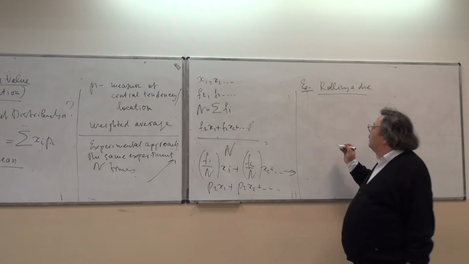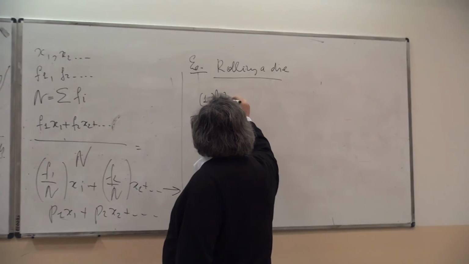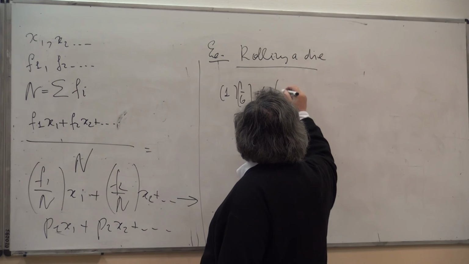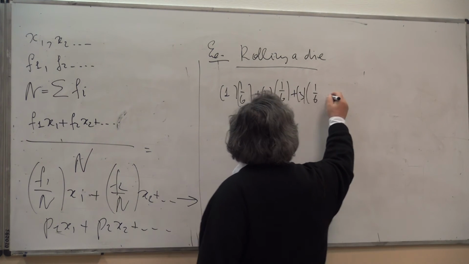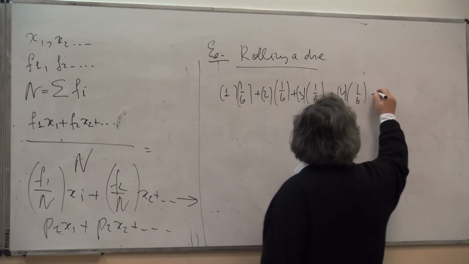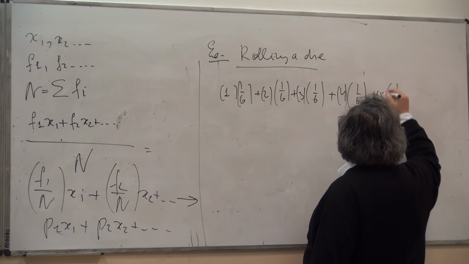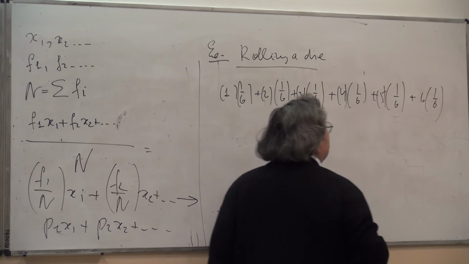So it's 1 times 1 over 6 plus 2 times 1 over 6 plus 3 times 1 over 6 plus 4 times 1 over 6 plus 5 times 1 over 6 plus 6 times 1 over 6. Okay?